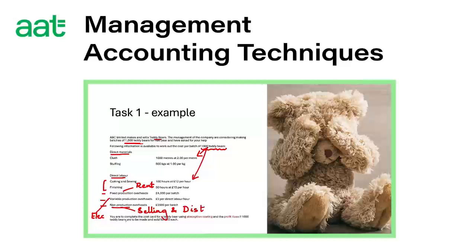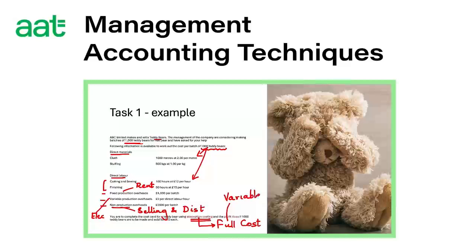Okay. So we've been asked to complete the cost card for a teddy bear using absorption costing. Absorption costing is a method of costing that takes the full cost into account. Okay, so not just the variable costs.